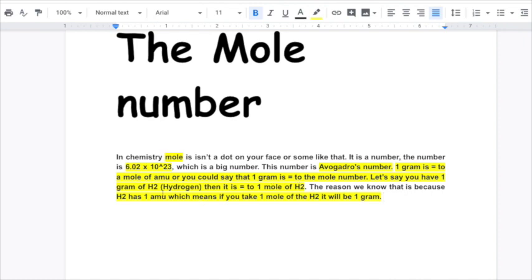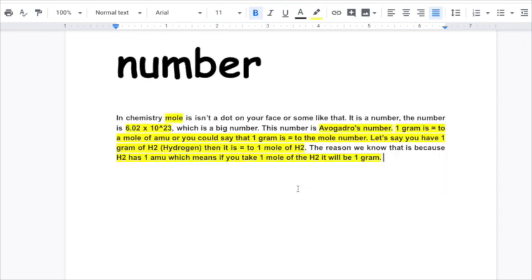We know that because 1 hydrogen atom has 1 atomic mass unit, which means if you take 1 mole of hydrogen, it will be 1 gram. Hydrogen too, but I'm just going to say hydrogen for short.